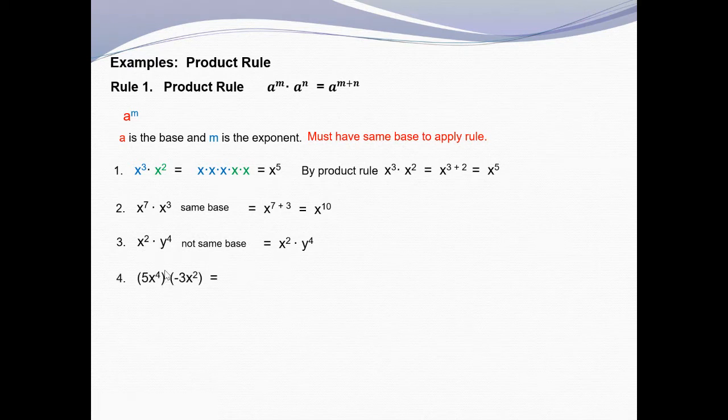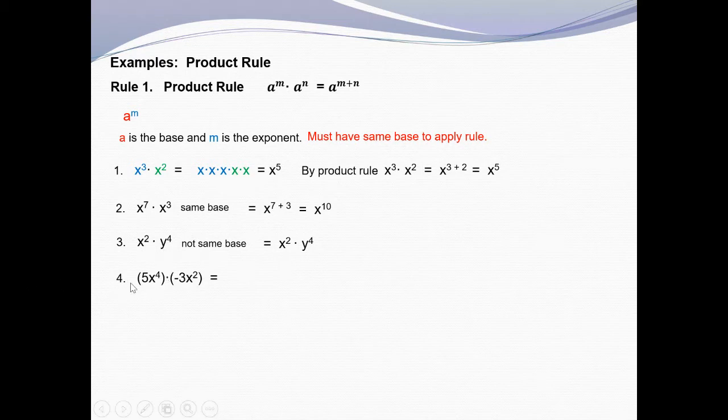Okay, now we keep adding a little bit, it gets a little bit more challenging after each one. Okay, so for example, this one, okay, it's parentheses 5x to the 4th times parentheses negative 3x to the 2nd power. So first, we multiply the coefficients. The coefficients are the number in front of the variables, and the variables are the letters.